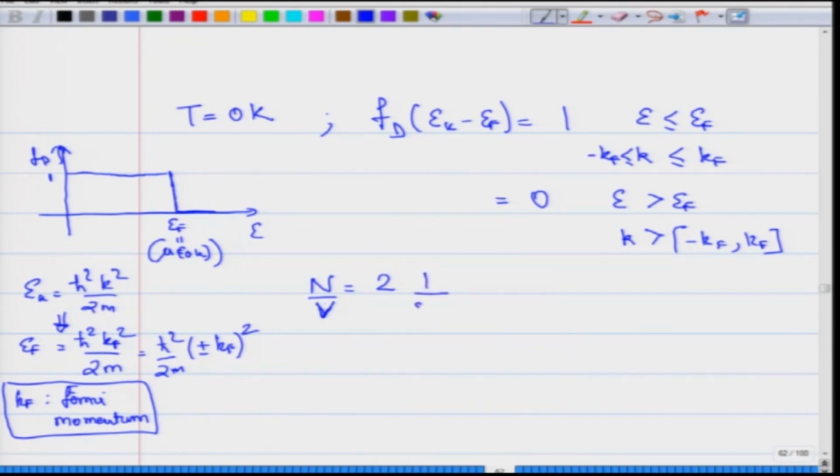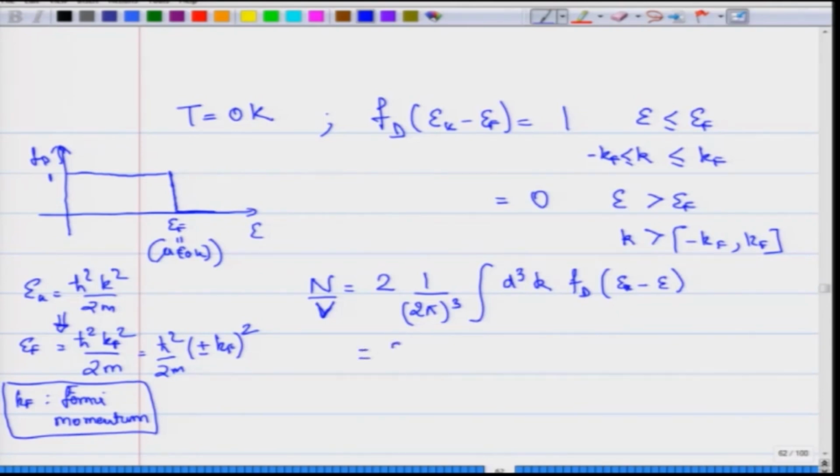So, this is 1 over (2π)³ integral of d³k times f(E(k) − Ef), where here I was taking the integral for kx going from minus infinity to plus infinity, ky going from minus infinity to plus infinity, and kz going from minus infinity to plus infinity. Okay.